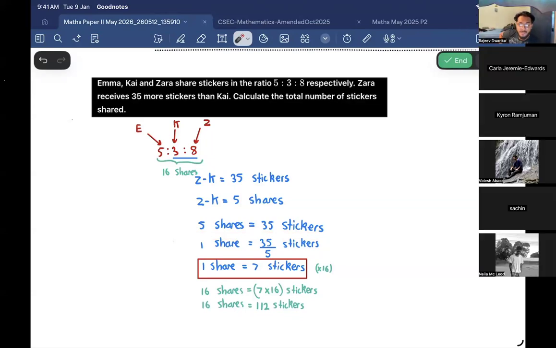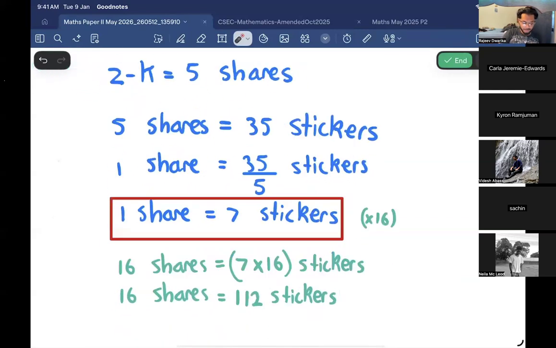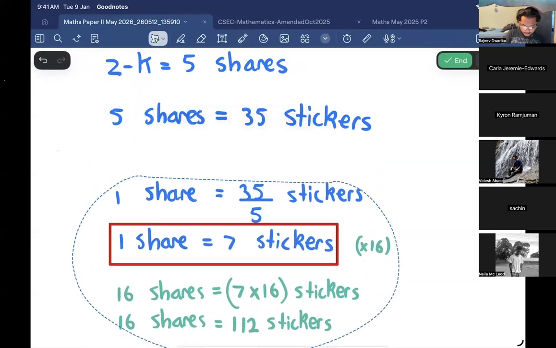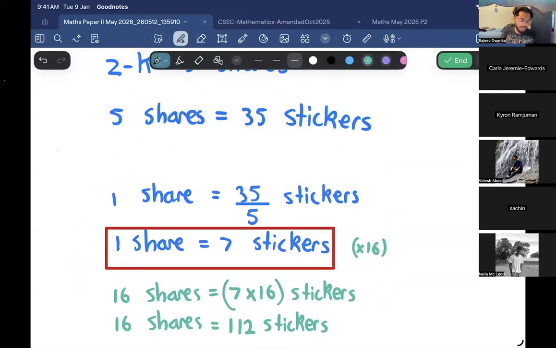All right. So now you need to find out how much one share is equivalent to. One share is when you minus the 35 from the 5. No, take your time. That's not like stickers. Sorry, I'm mixing up here. Let me put in the full working here. I cannot skip some stuff. If I want to find one share, I'd have to divide by 5 on both sides.